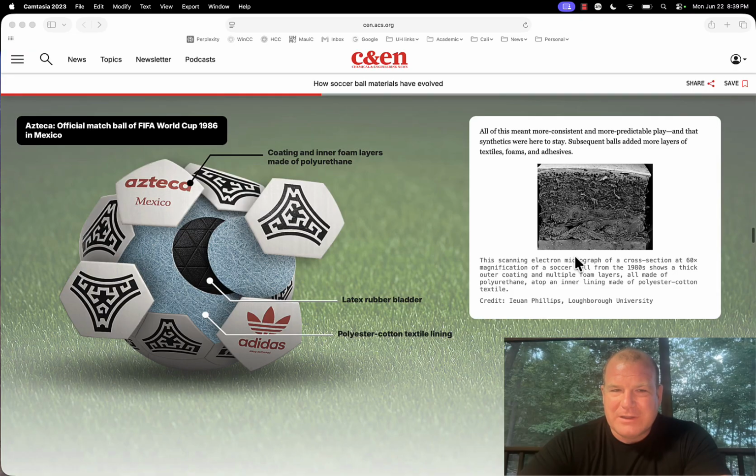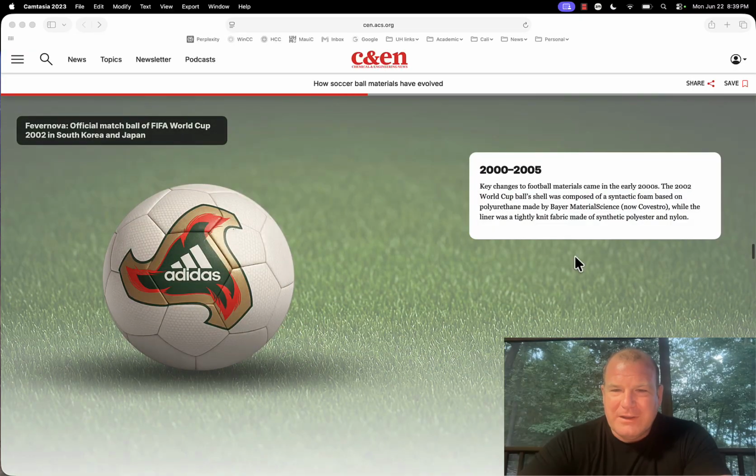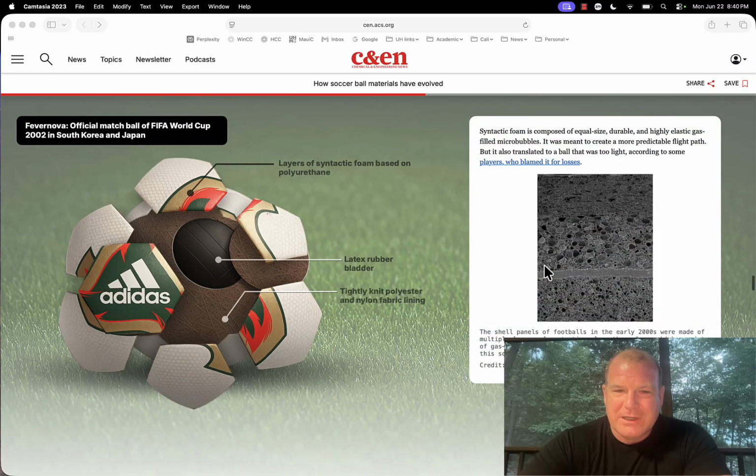So now let's go on to the 2000s. How have we changed? We have still polyurethane, latex rubber, but now we have polyester and nylon. So we've changed the inner part, and you can see the layers here.